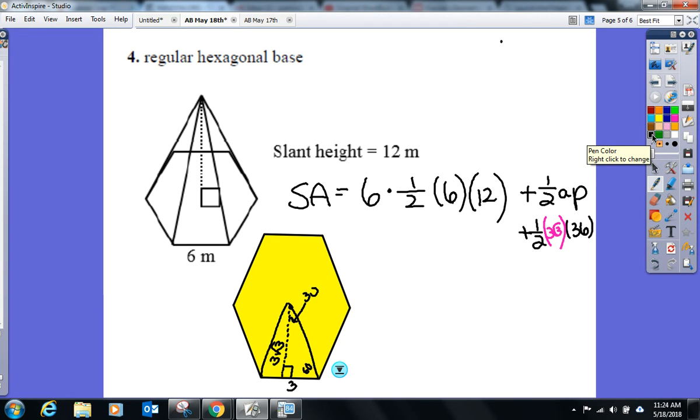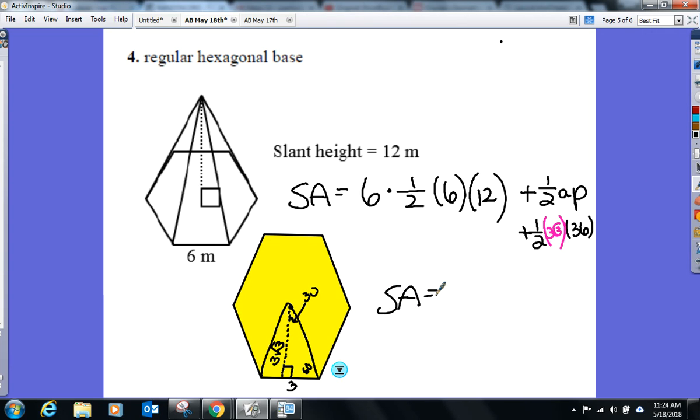That base was pretty tricky. Punching all those numbers in here, what do we end up with? 309.530746 square meters.